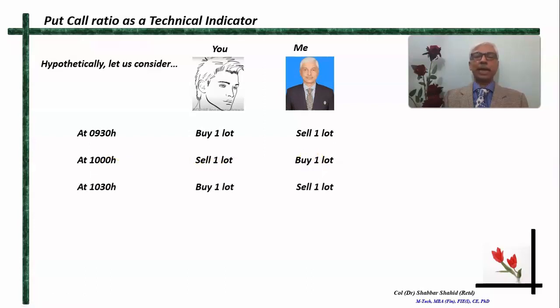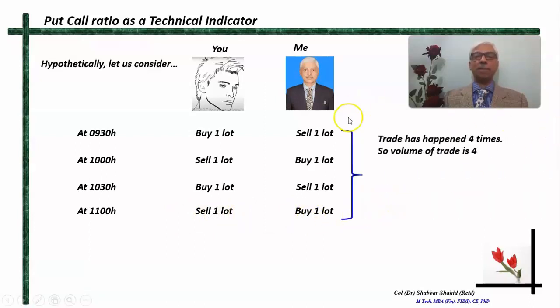At 1030 hours, you buy it again from me, I sell it to you. Then at 1100 hours, again you sell it to me and I buy it from you. So in terms of volume, 4 trades have happened. 1, 2, 3, 4. 4 times the option lot has exchanged hands.